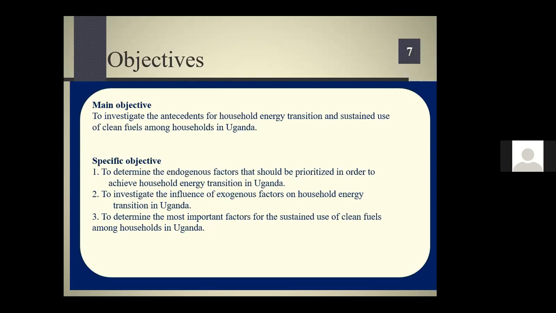And then number 2, we also have factors that are outside the setting of the household, but they can have an influence on the decisions that households make. So I thought it's important to investigate which of these factors outside the households can influence the decisions of households to move away from unclean fuels to clean fuels.